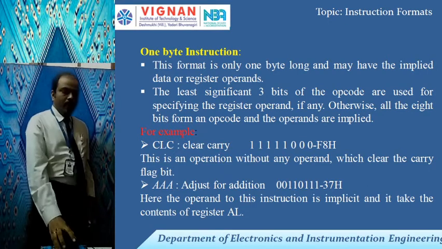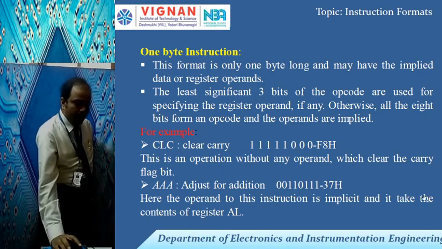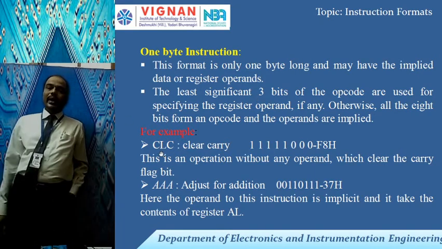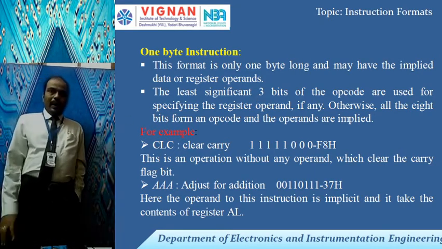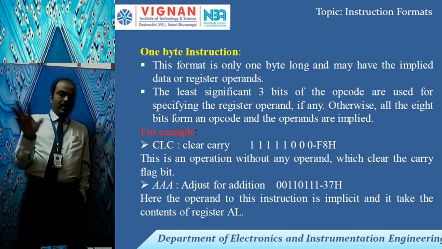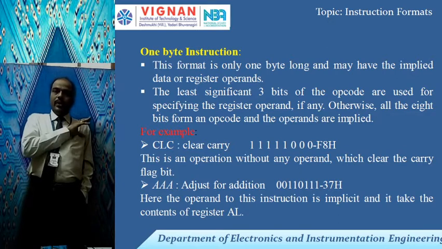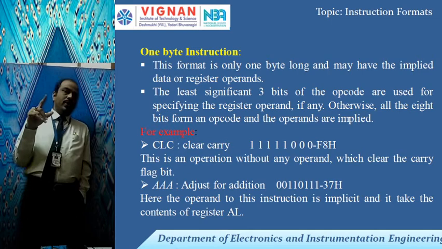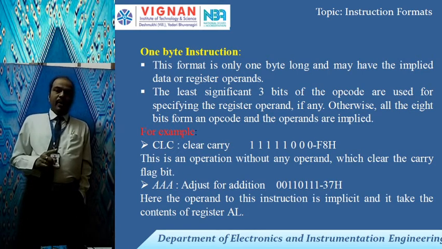For example, there is a simple instruction called CLC, that is nothing but clear carry. The instruction itself implies that this is an operation without any operand. There is no operand, it simply clears the carry flag. I think we have already discussed the flag register.